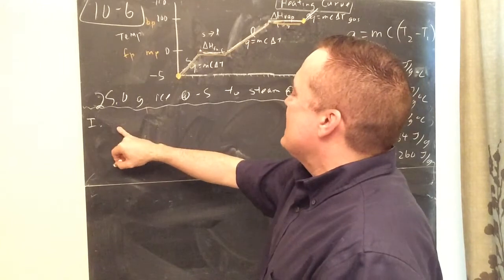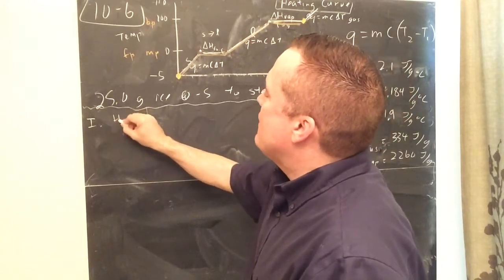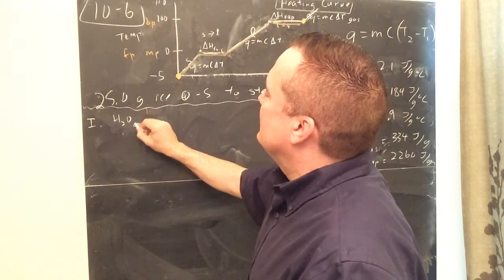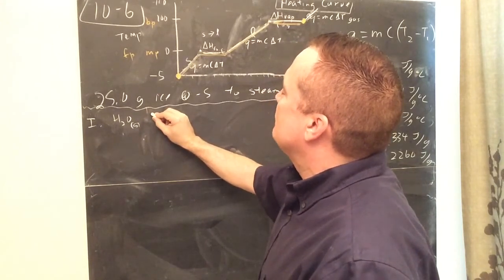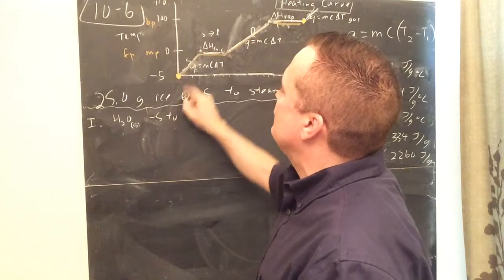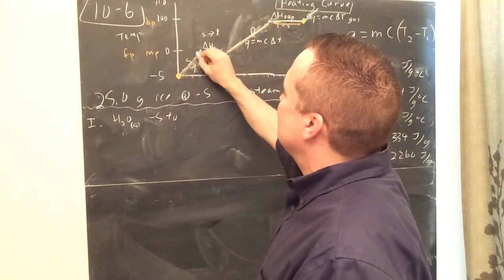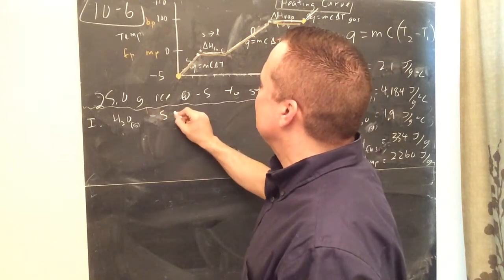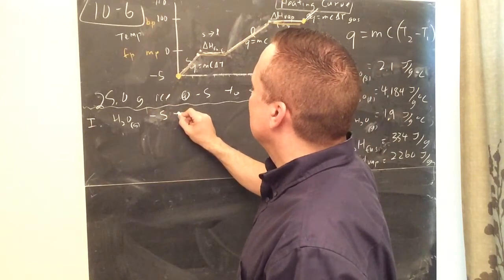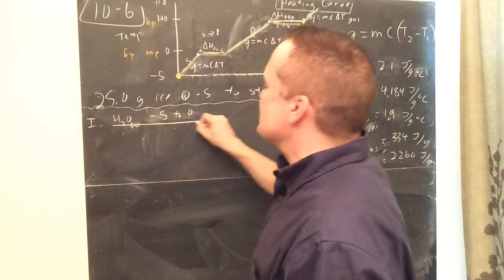So number 1, I want to go H2O solid to solid. I want to go from -5 to 0. Right there, that first section, -5 to 0. That's the first step.